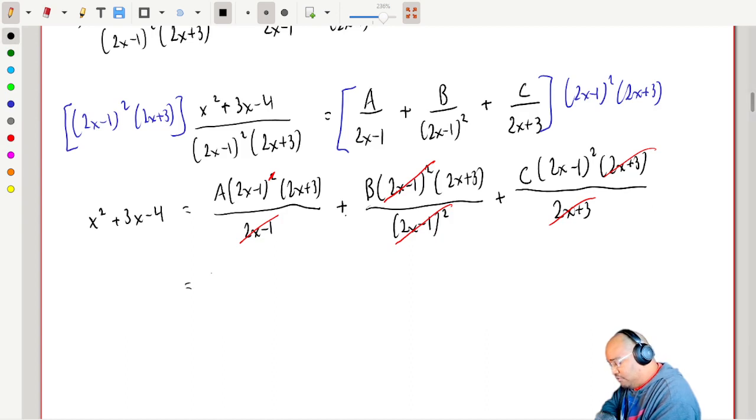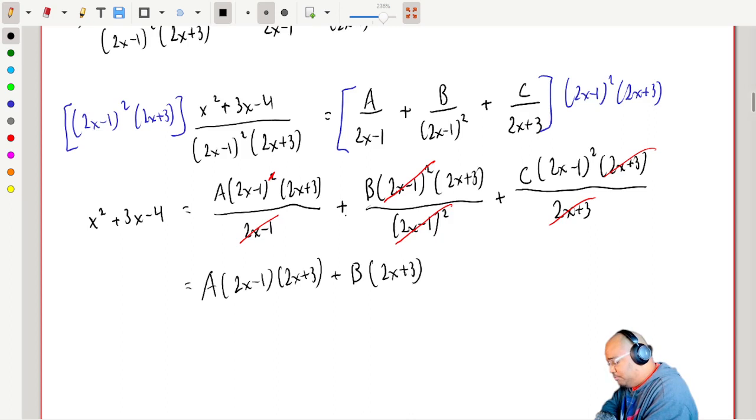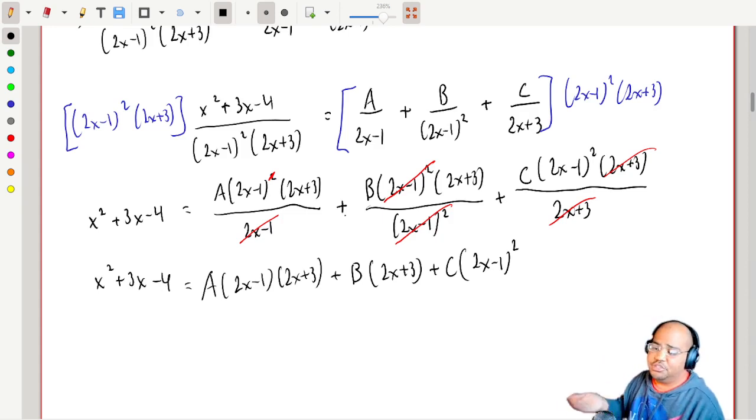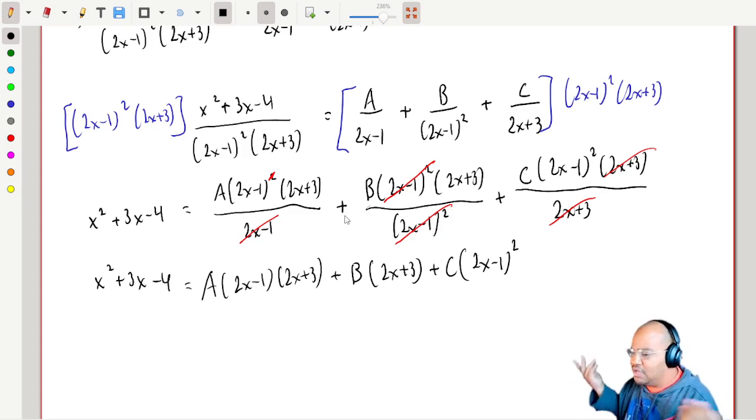So I'm left with here a times 2x minus 1 times 2x plus 3 plus b times 2x plus 3 plus c times 2x minus 1 squared. Okay, so this is what we're left with. And now we go ahead and do the same procedure as before. We're going to find some clever x values so that stuff can vanish. And now we can just solve some basic equations.